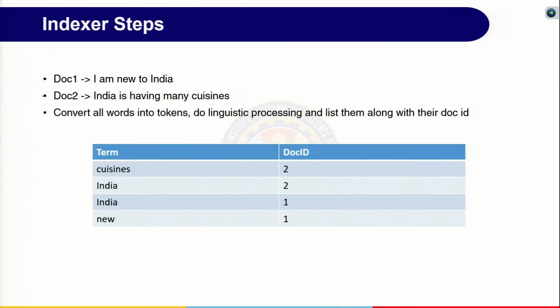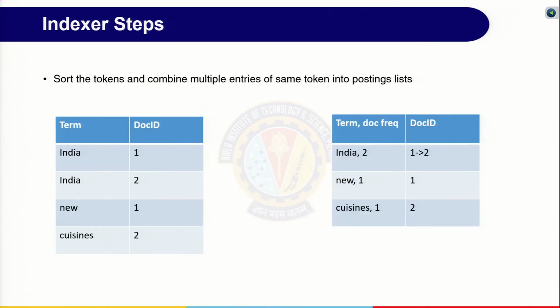So, if you take an example of two documents, document 1 is "I am new to India" and document 2 is "India is having many cuisines", we'll just convert all of them into tokens. We'll look at all the doc IDs where they are appearing. And then what we do is we take the term, we write the number of documents that this word was seen in along with the posting list.